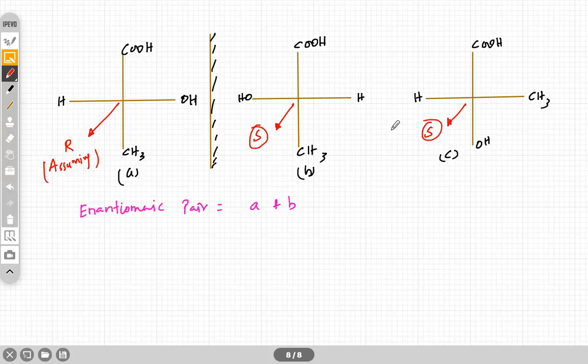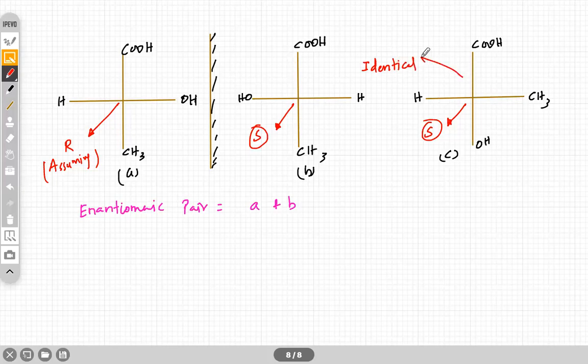Yes or no? Yes. So these two molecules have the same molecular formula and the configuration is also the same. It means these two are identical molecules. These two are not different.